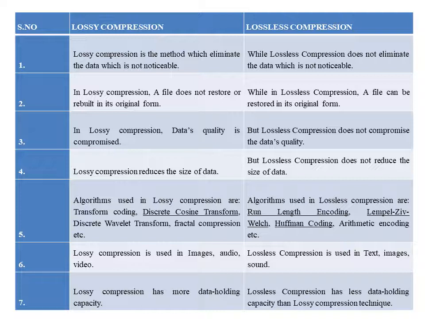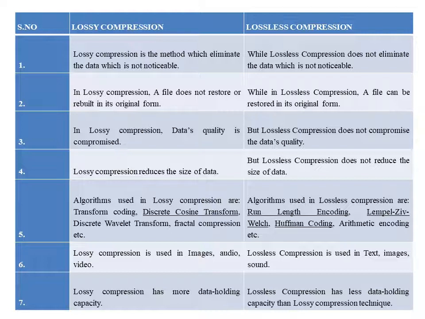Lossy compression is a method which believes that the data which is not noticeable, you eliminate that, while lossless compression believes that you do not actually eliminate, whether the data is noticeable or not.